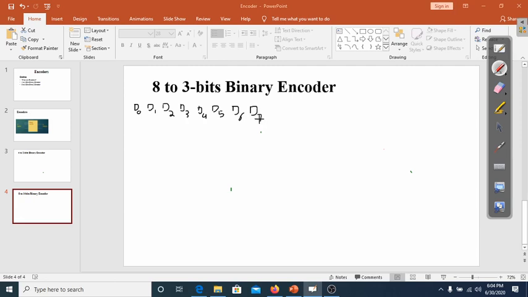These are the data lines, these are the inputs. So the corresponding outputs can be written as x, y and z.